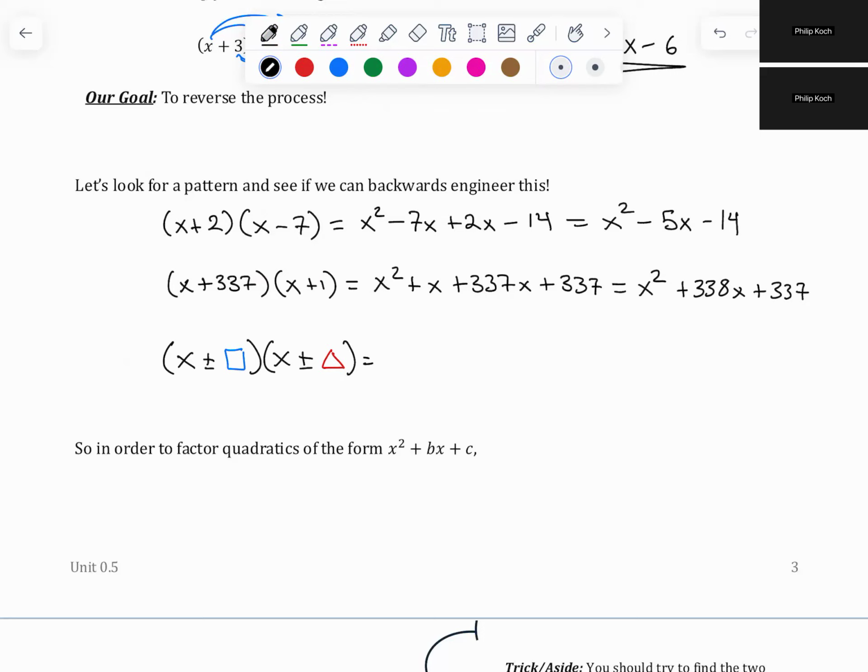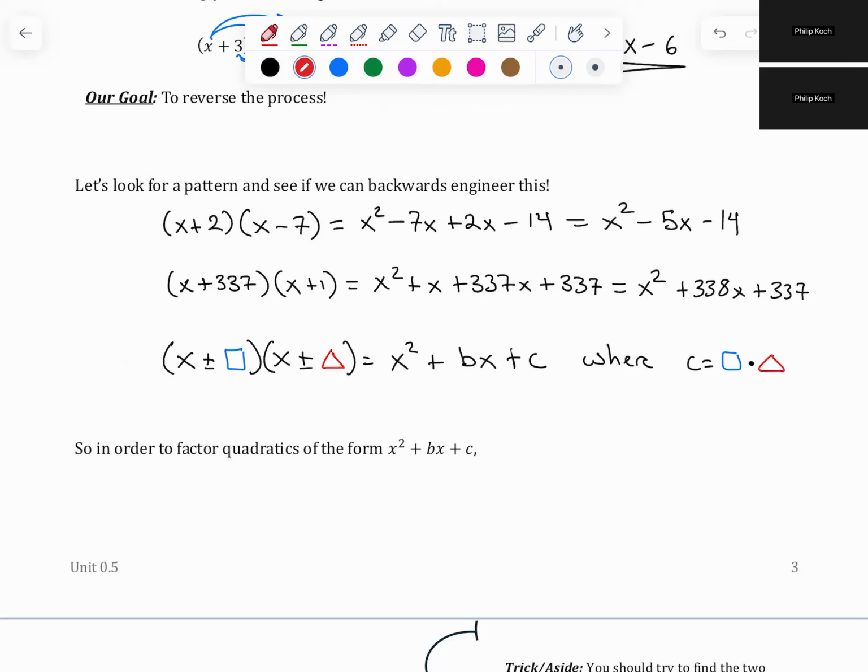And at the end of the day, it would be x squared plus bx plus c, where I know something about c. C is going to be the product of the blue box and the red triangle, where C is equal to the blue box times the red triangle. Plus or minus, but we'll get to that.